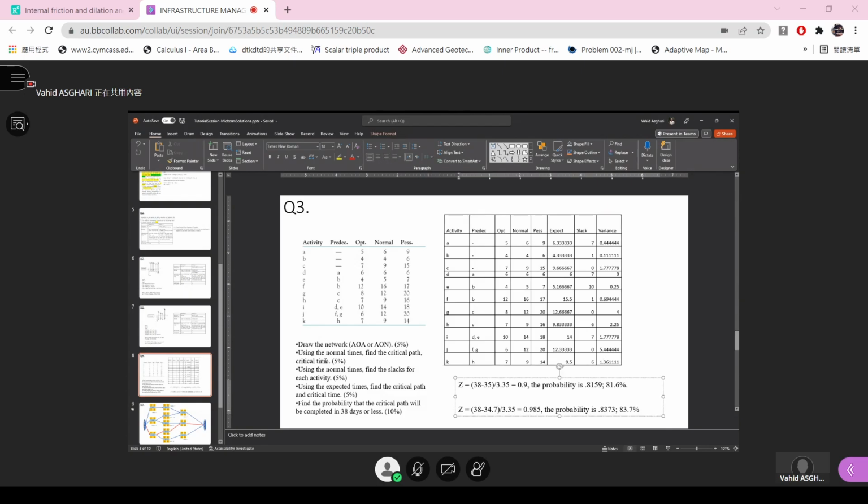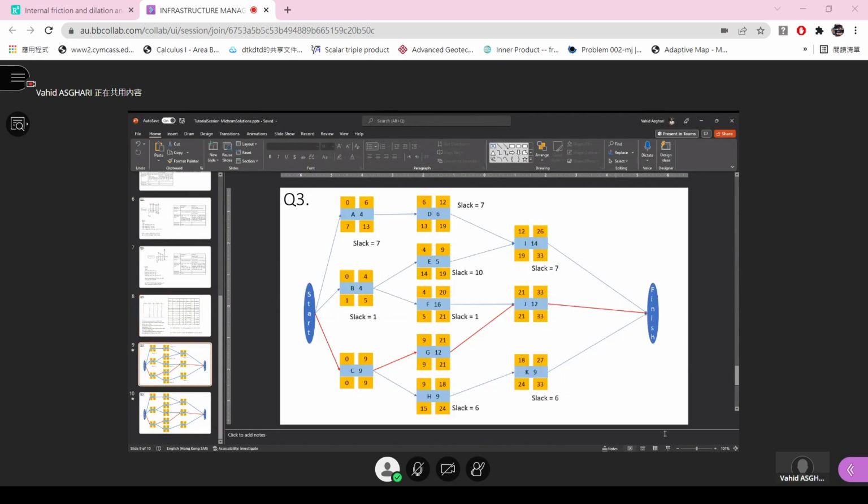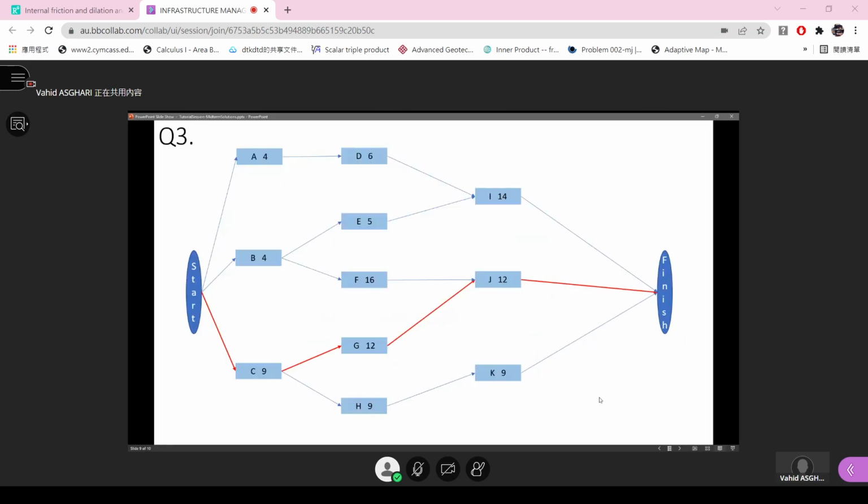And let's do it. Let's draw the network. Like I said, I personally like activity on nodes, but if you have drawn some activity on arrows, it's also fine. So for the first part, using the normal times, find the critical path and critical time. All right, let me do it like this.